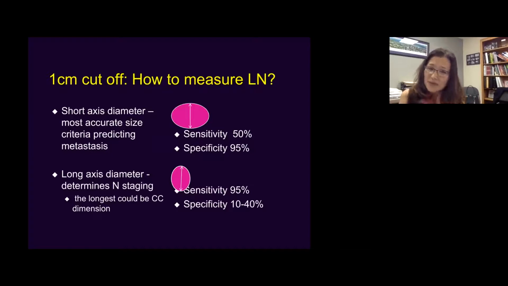But the specificity is 95%, so you're not calling normal lymph nodes as metastasis. But when you use a long axis diameter of 1 centimeter, which means the short axis could be 7 millimeter, 6 millimeter, or 4 millimeter, the sensitivity is high, but the specificity is very low. So basically, you're calling all the small lymph nodes positive.